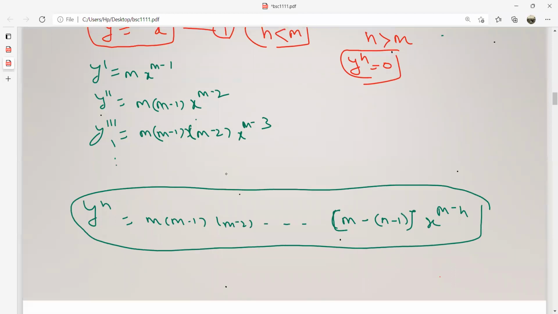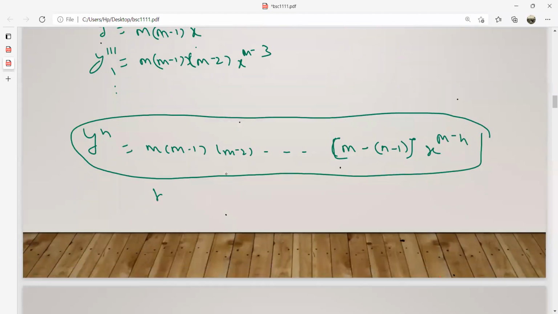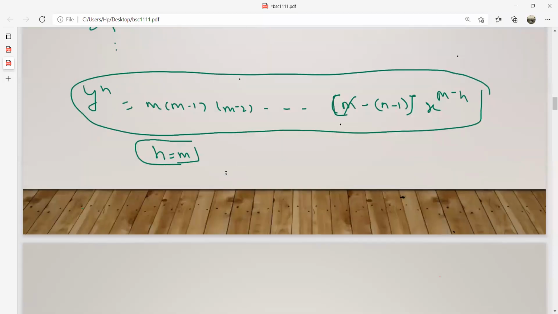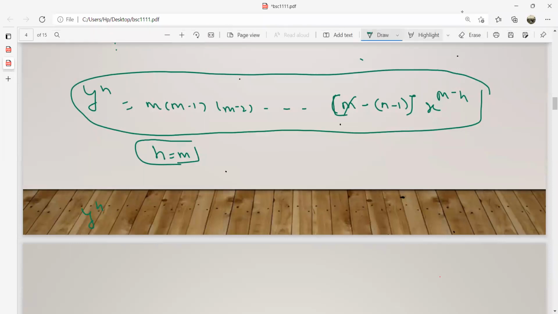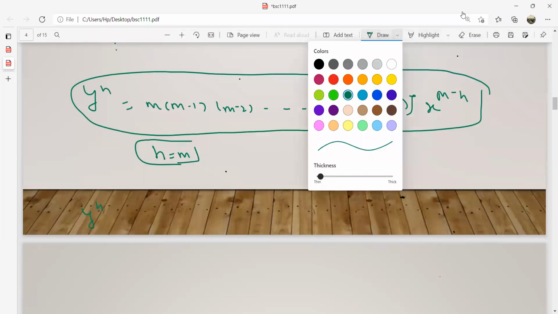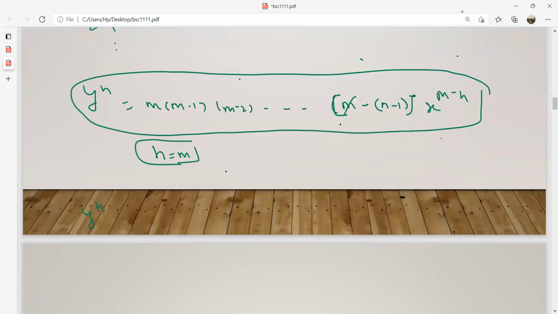If suppose n equal to m, that is an important thing. So here we have to simply find y to the power n, and rewrite it here.